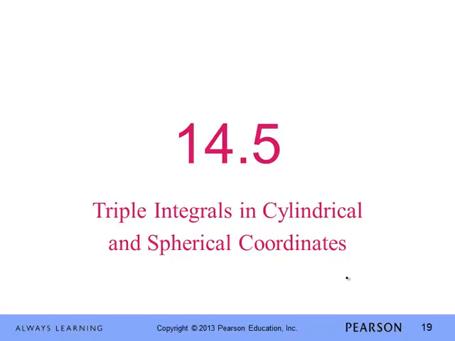All right, let's go. Now we're still talking about triple integrals here in section 14.5, but at this time we're going to take a look at integrating using the cylindrical coordinate system and the spherical coordinate system. It's still three variables for each one of them.